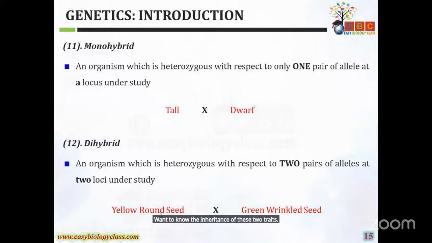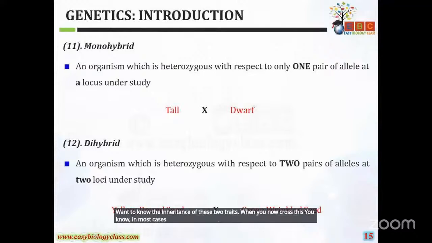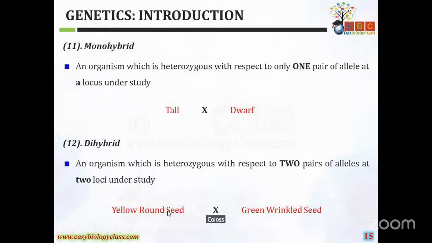When you now cross this, in most cases, you cross heterozygous of yellow and heterozygous of round, because it has been shown by Mendel that the yellow color of seed is dominant over green color seed. And as well, round shaped seed is dominant over wrinkled shaped seed.